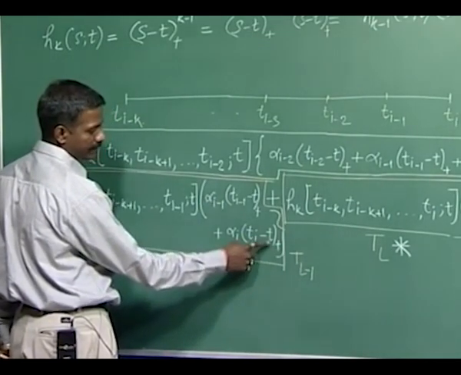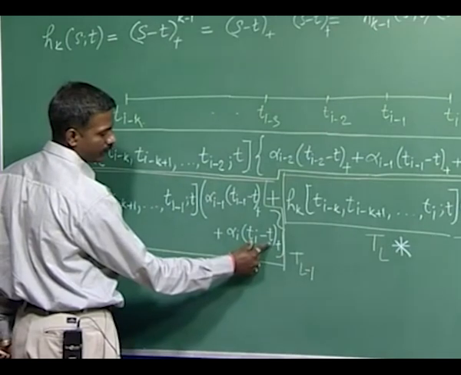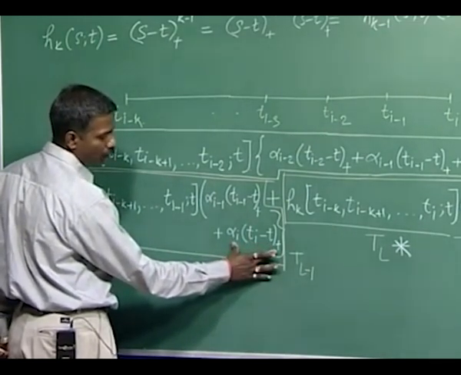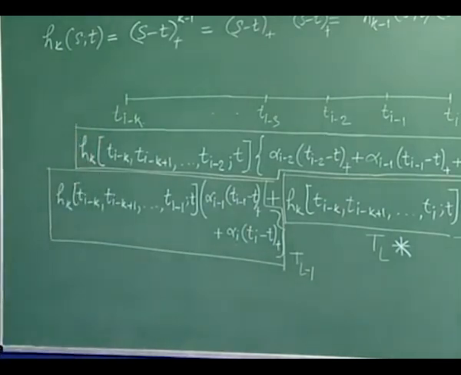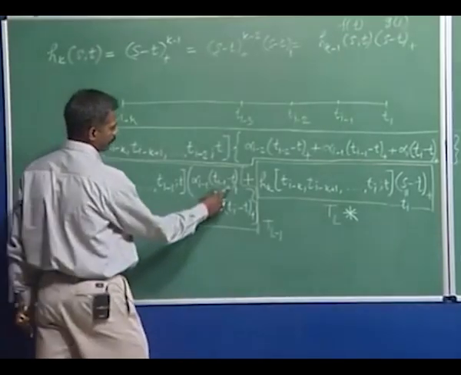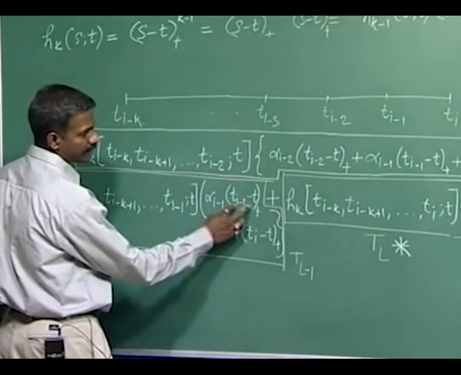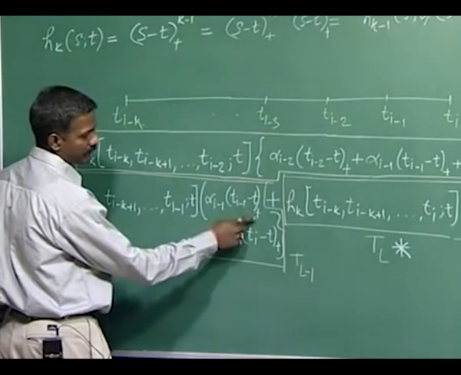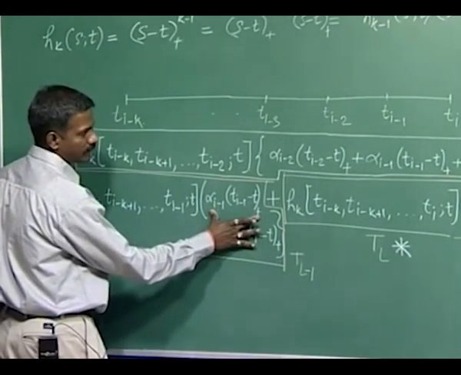Since t is smaller than t_i, this term here becomes positive, and so this term is not 0. How about this? t_{i-1} - t is still negative, and because of this truncation sign, this term is 0.